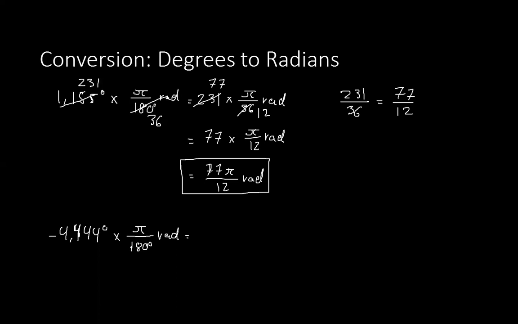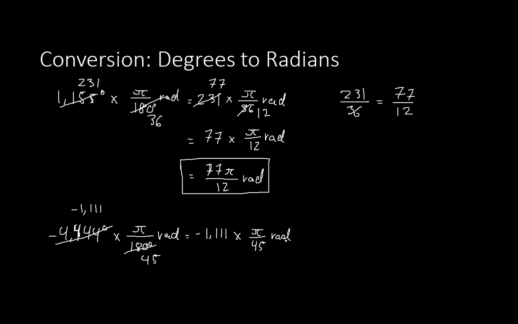Let me check if 180 is divisible by 4. Yes. Dividing negative 4,444 degrees by 4, we have exactly negative 1,111. And dividing 180 by 4, we have 45. So we will have negative 1,111 times pi all over 45 radians.